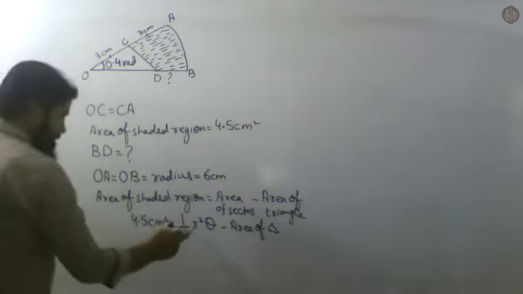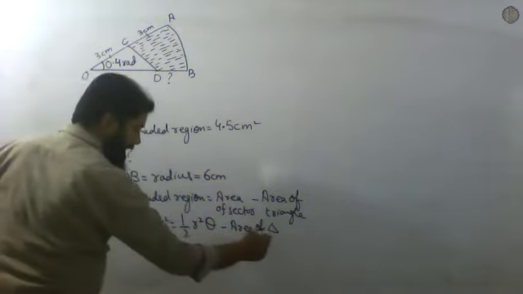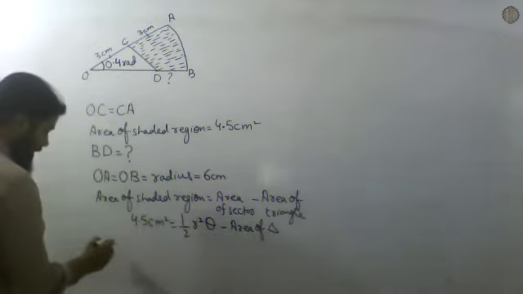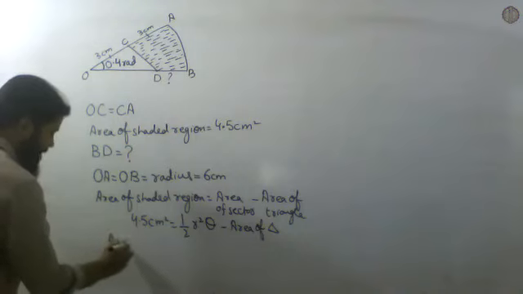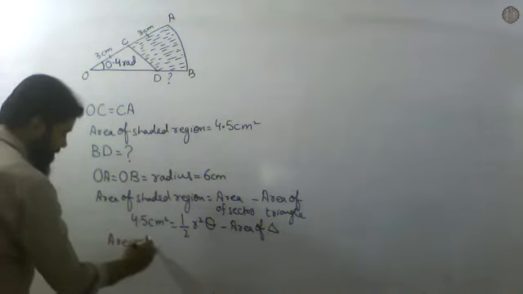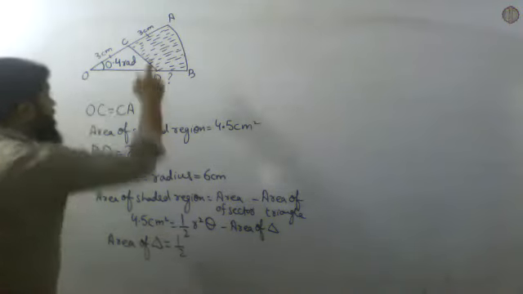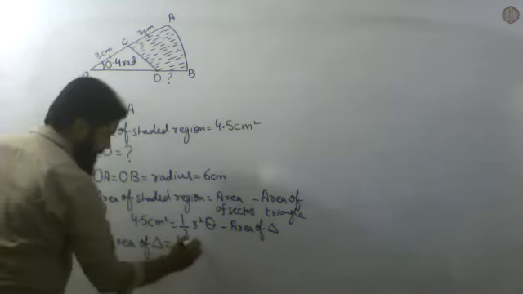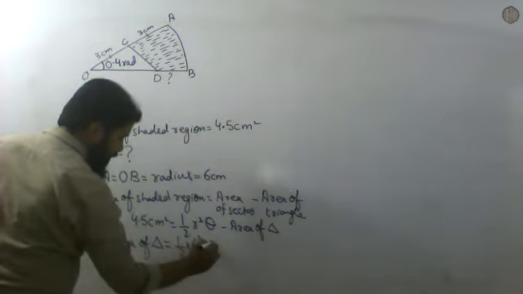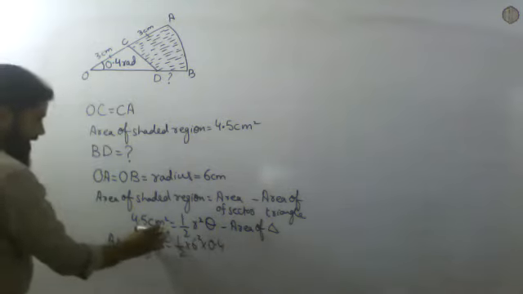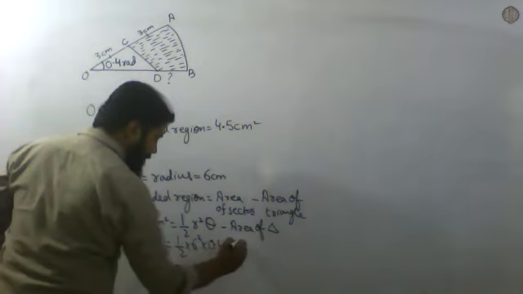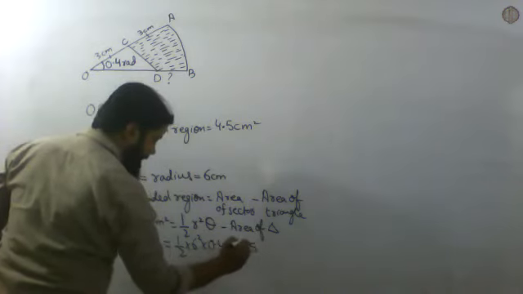Okay, so minus area of triangle will be shifted over here, and will become plus area of triangle. Half, in place of r, I am going to put 6 square into 0.4, and when I shift the 4.5 over here, this will become minus.